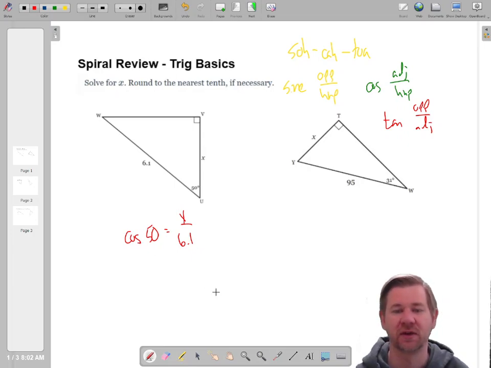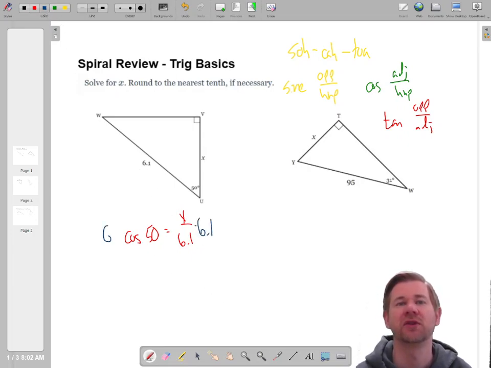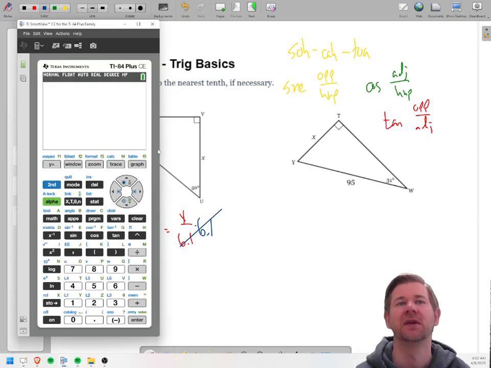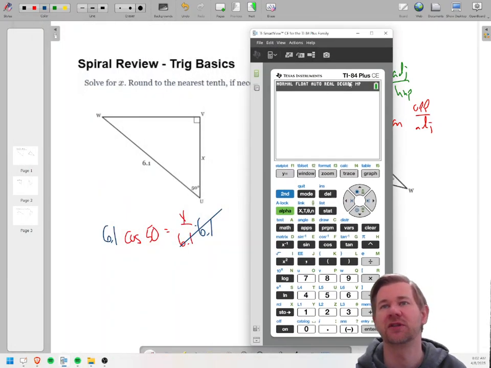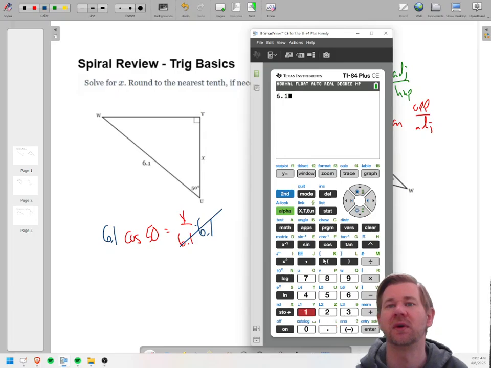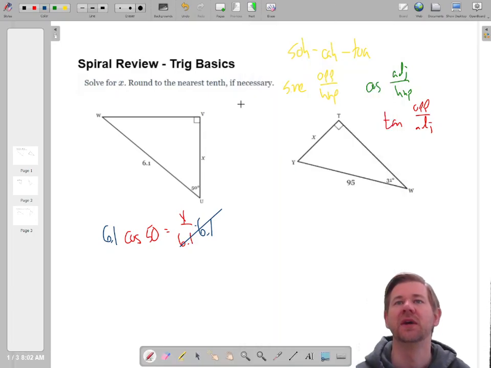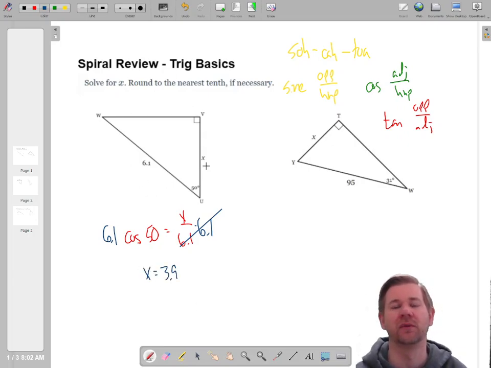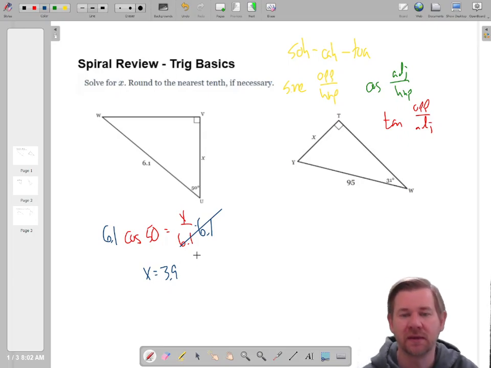And to solve this equation, you want to get x by itself. To undo dividing by 6.1, you multiply both sides by 6.1. So in my calculator, make sure you're in degrees, 6.1 cosine 50, 3.92. Nearest tenth, 3.9. X equals 3.9. I don't know what the units are, so I'll just leave it as 3.9.